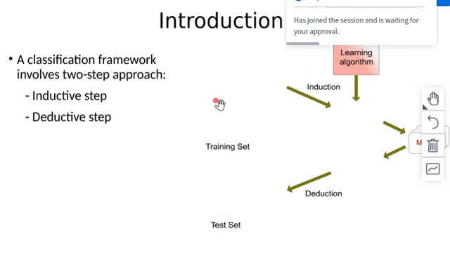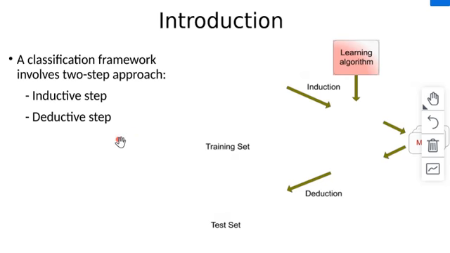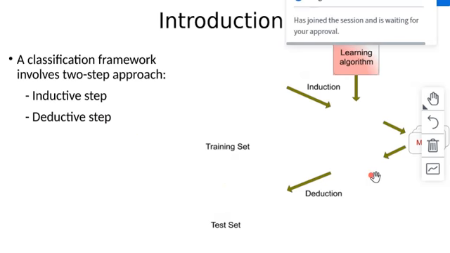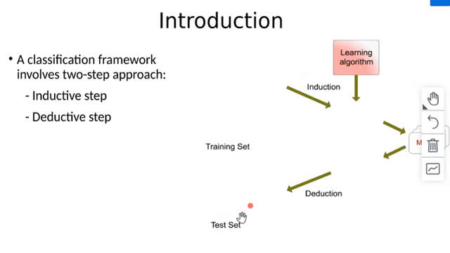It is not displaying properly here. Inductive step means constructing the model using training data, whereas the deductive step is applying the model to test examples. Inductive means to construct the model, whereas deductive means that to the model we have constructed, we apply a test set to predict the class label.